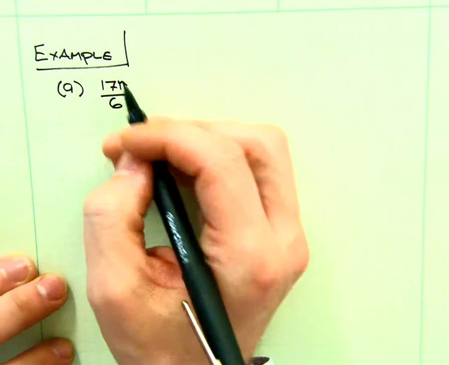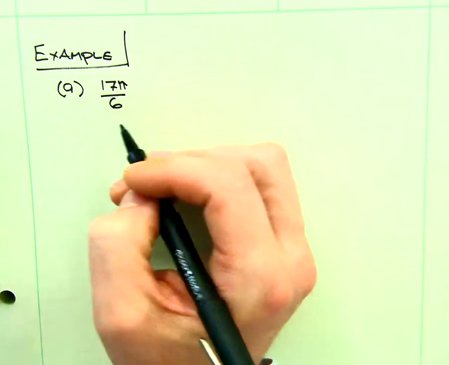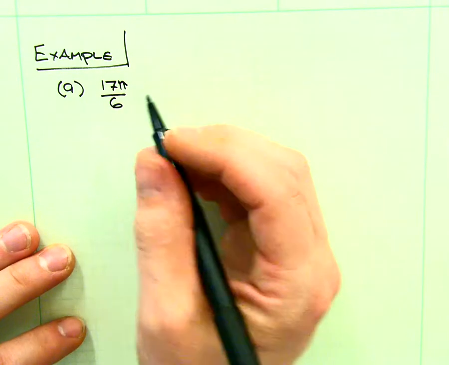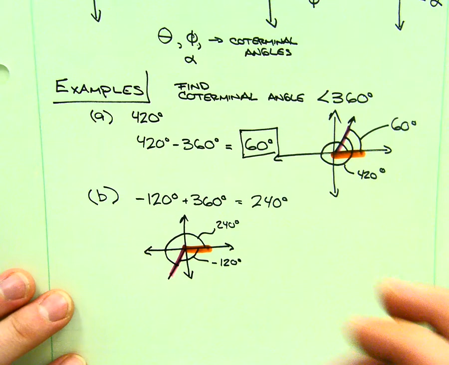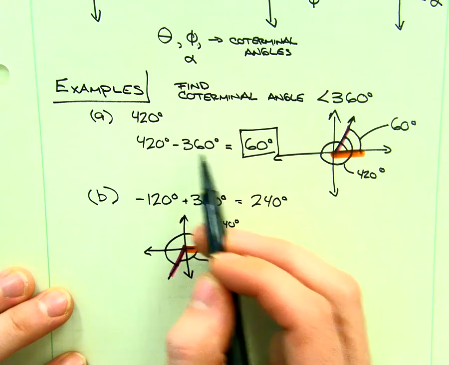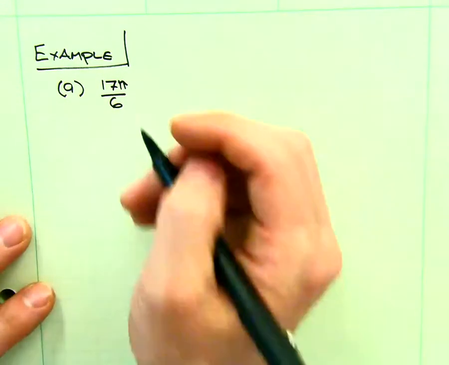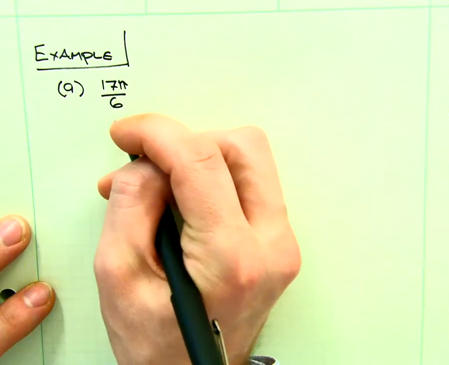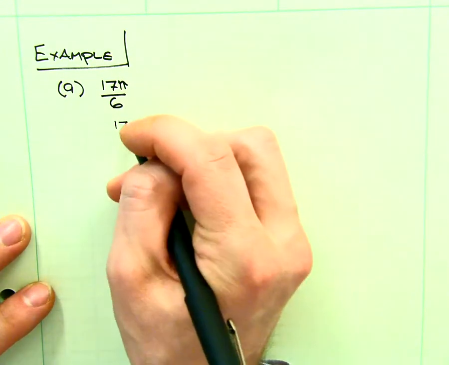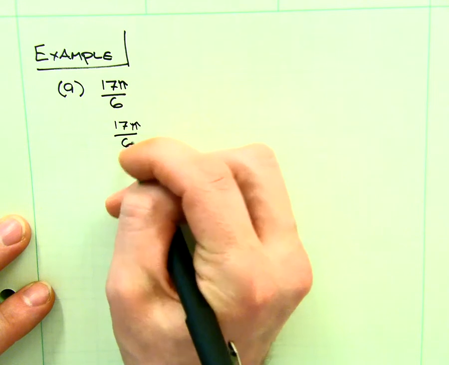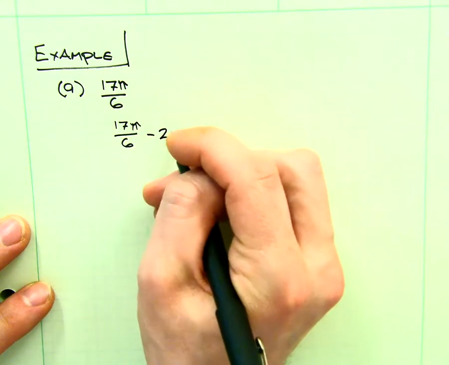And so I need to go ahead and rewrite this. You can rewrite it as a mixed fraction; there's a lot of ways to do it. But just like with this one, where I started with 420 and subtracted a full revolution to figure out the coterminal angle, I'm going to do that with this one. But because it's in radians, instead of subtracting 360 degrees, I need to subtract 2 pi.